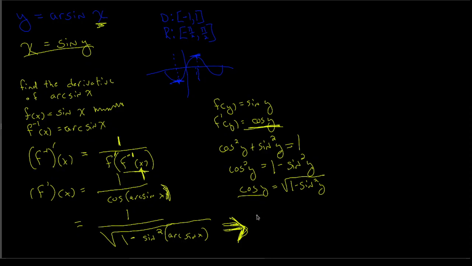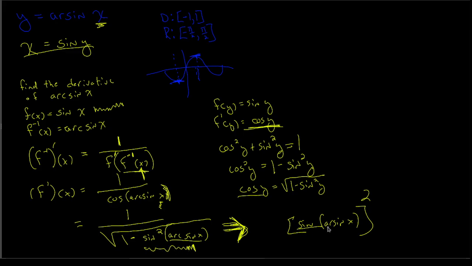And then we look at this, and sine of arcsin of x, squared, is what this inner notation is telling us here.